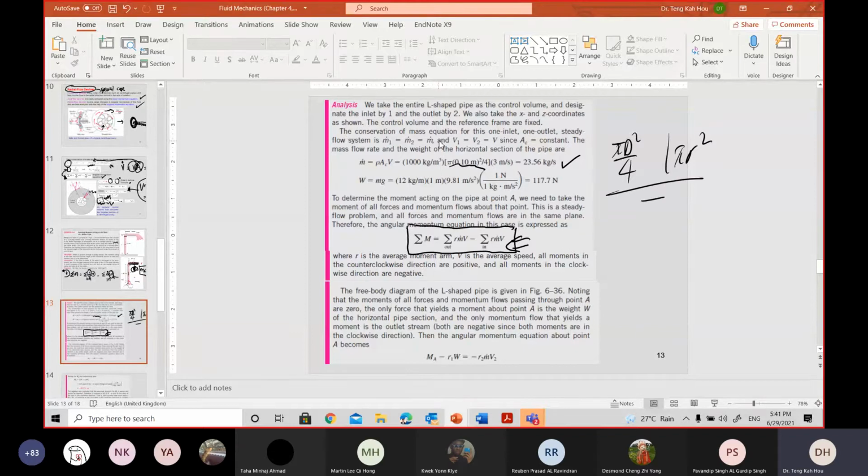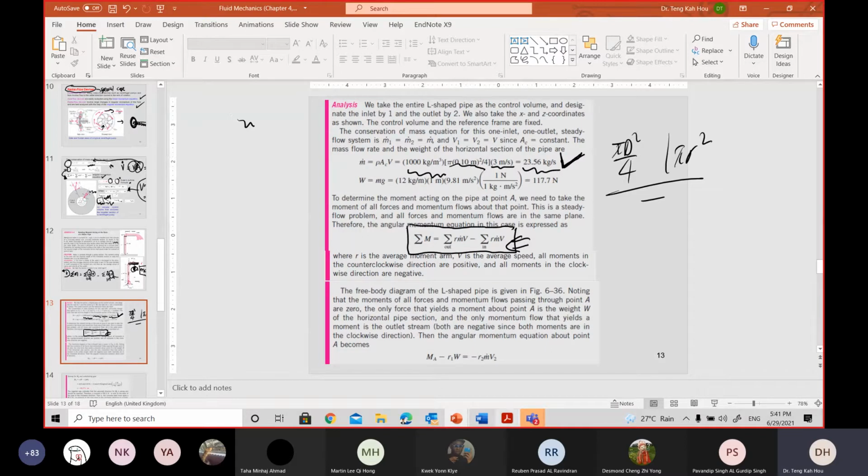But the key thing, make sure everything is in meters. Okay? And once you have that, you know that my water density is going to be 1000, and I have the cross-section area, and I have the velocity. You can easily know the mass flow rate for this case, this is the value.